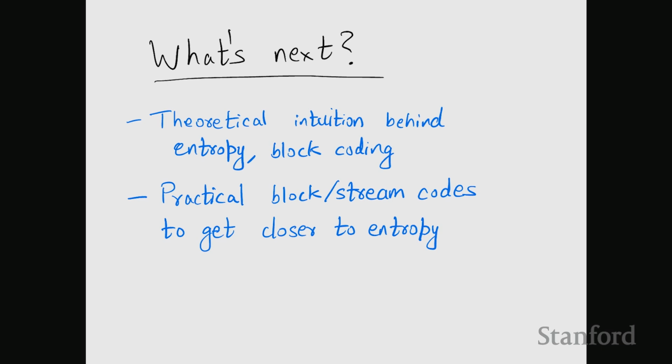Why does block coding work? How does it interact with the law of large numbers, probability, and so on? So Professor Tsachy Weissman will be taking that lecture. And next week, we'll start talking about practical block codes or stream codes, which actually get very close to entropy. And they are the ones that are used for the state-of-the-art compressors.